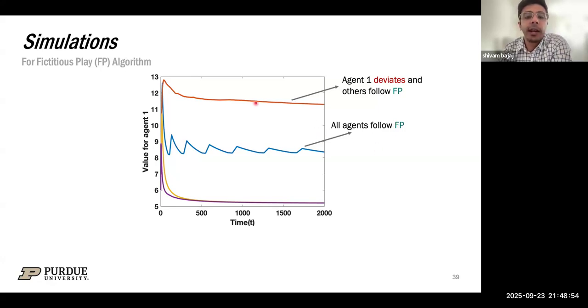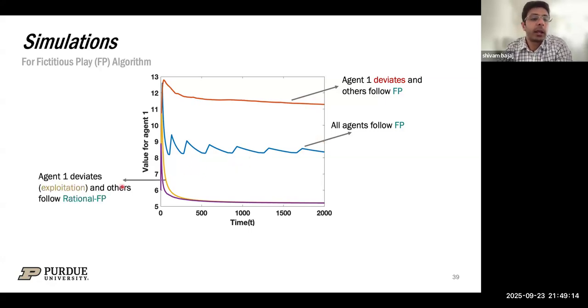Okay, and the red curve shows that if every agent follows fictitious play, then an adversarial agent, if we consider agent one to be the adversary, can deviate to another algorithm to get a higher payoff, right? So that is showing that fictitious play is not robust.